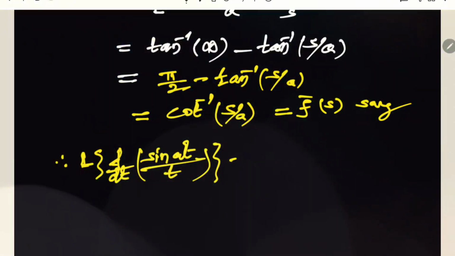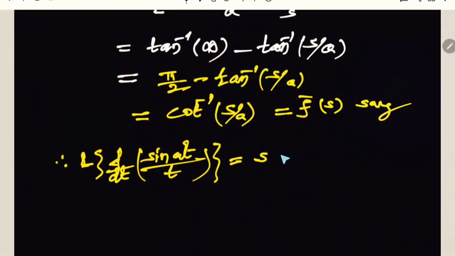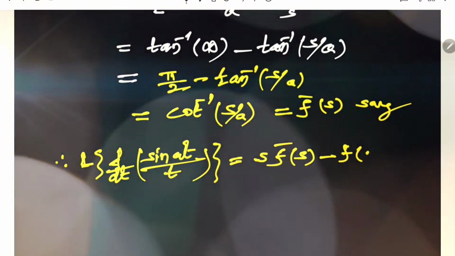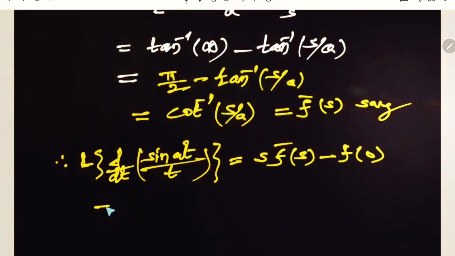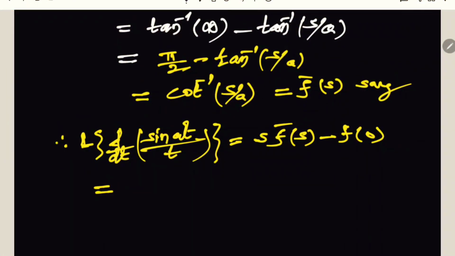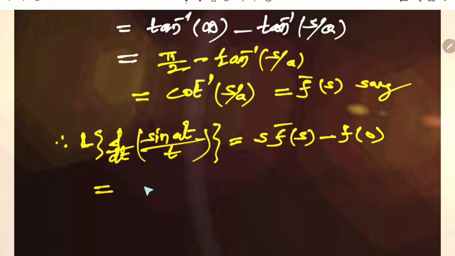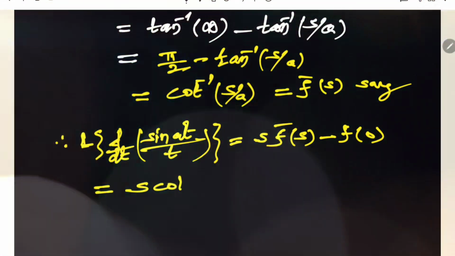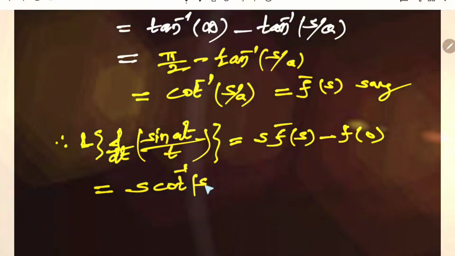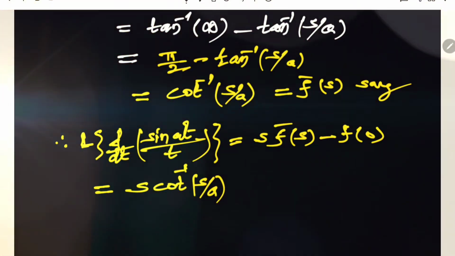As per that theorem, it is s f bar of s minus f of 0. Therefore, substituting the value of f bar of s, we get s into cot inverse of s by a minus f of 0, means the value of the function.